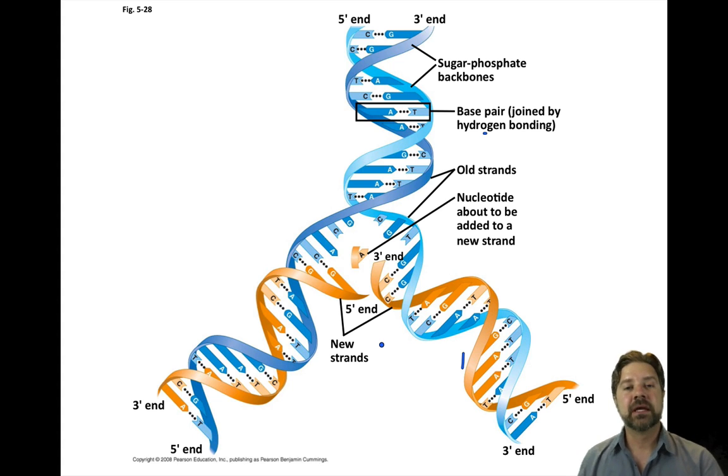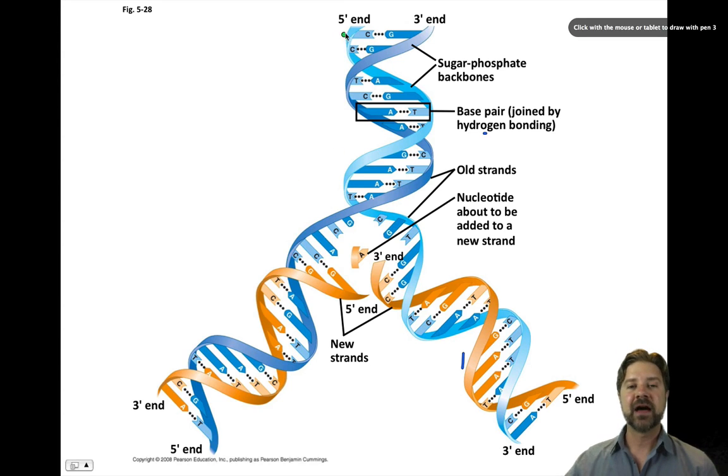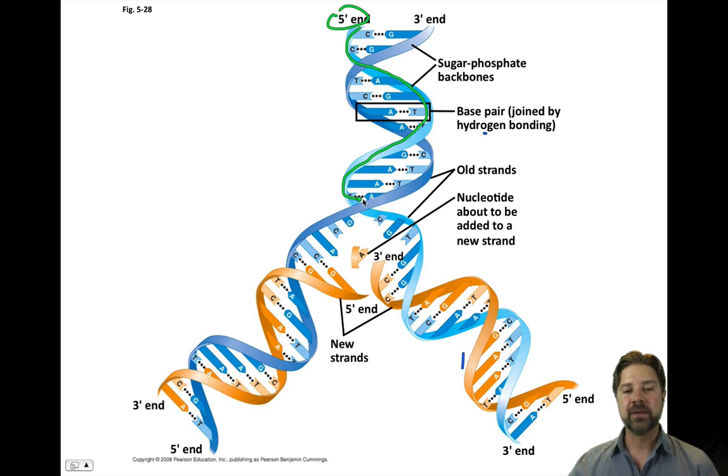This picture here is interesting as well because not only does it show the 5' to 3' nature, but it's also showing you a DNA that is replicating itself at the current time. So let's take a look just for a second at the 5' end, which you can see right here. If we follow it down, and what I'm following right now is the sugar phosphate backbone, all the nitrogenous bases are represented by single letters coming off of them.